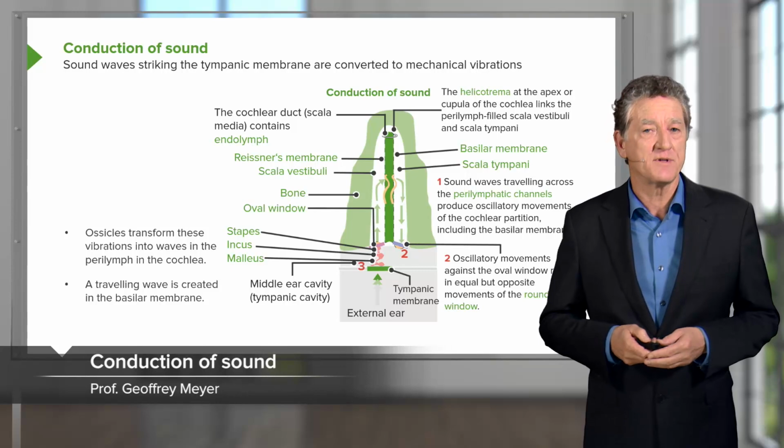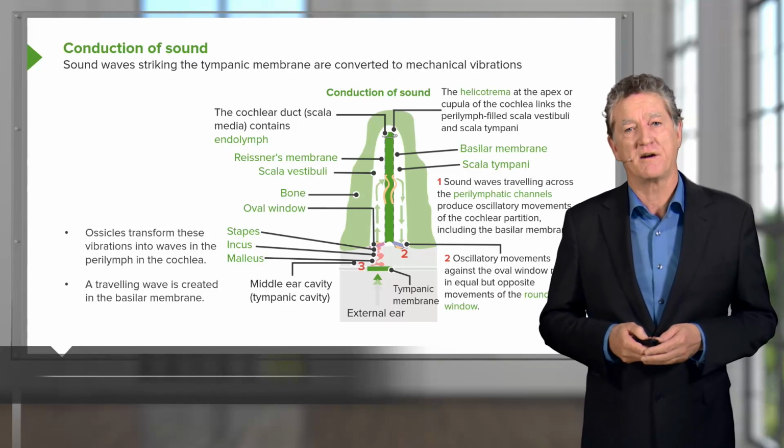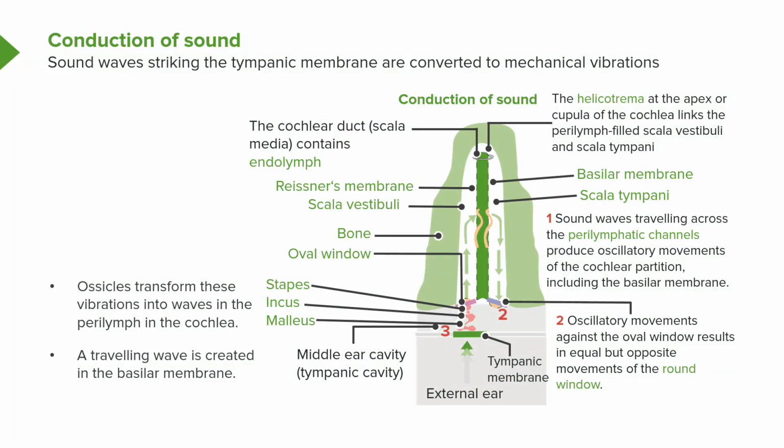And basically what happens is summarised on this diagram. Without going into too much detail, this is a diagram that really unwinds the cochlea. And the white spaces you see there represent the scala vestibuli and the scala tympani.